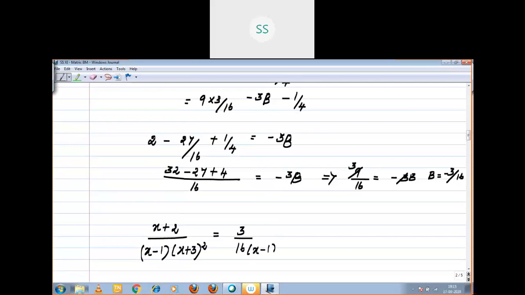X minus 1, minus 3 by 16 into x plus 3, sorry, plus 1 by 4 into x plus 3 the whole square. A value is 3 by 16, B value is minus 3 by 16, C value is positive 1 by 4.